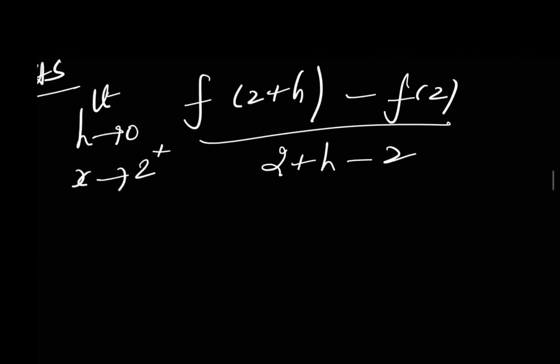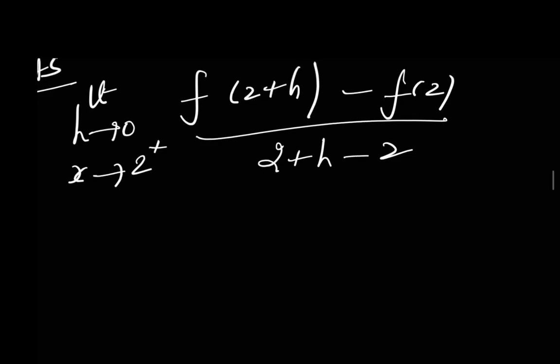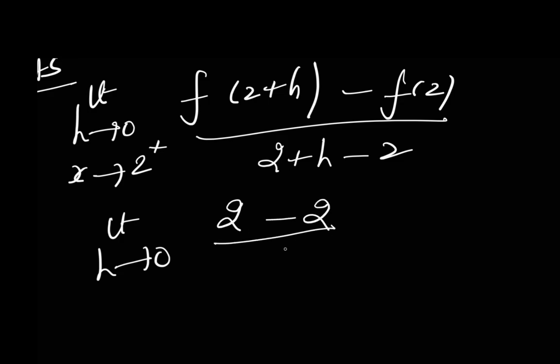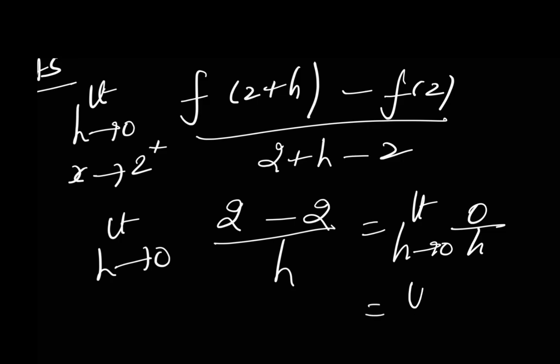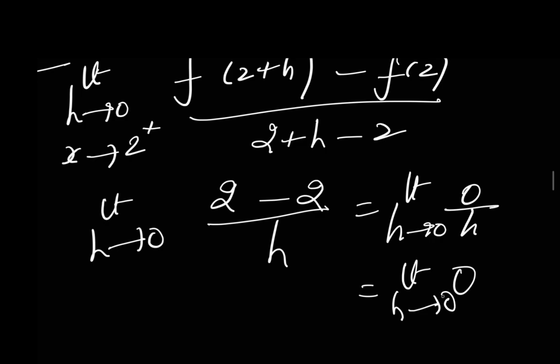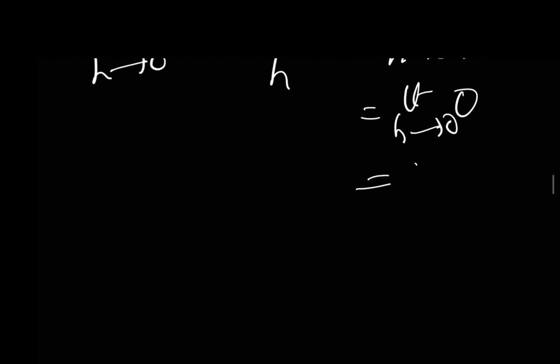So the greatest integer is 2. You will get 2. Limit h tends to 0. f of 2 is also 2. Divided by, 2 gets cancelled, h. So limit h tends to 0 of 0 by h. What is 0 by h here? You will get 0. So no need to substitute the h value. So the answer is 0.